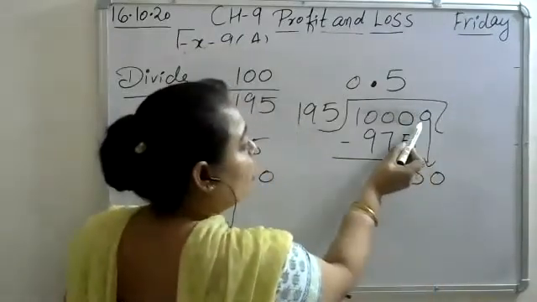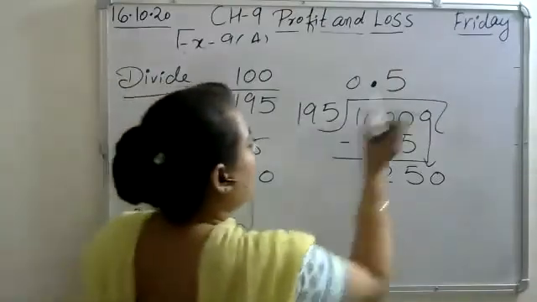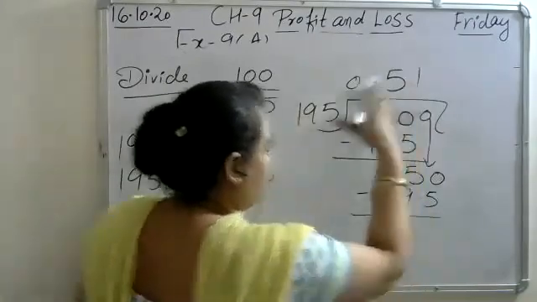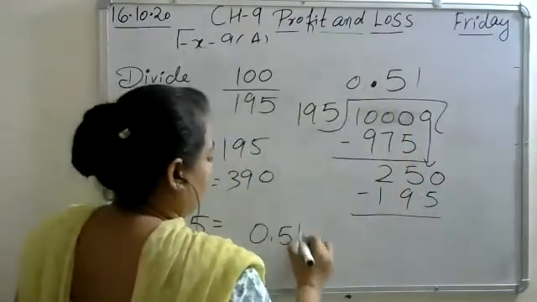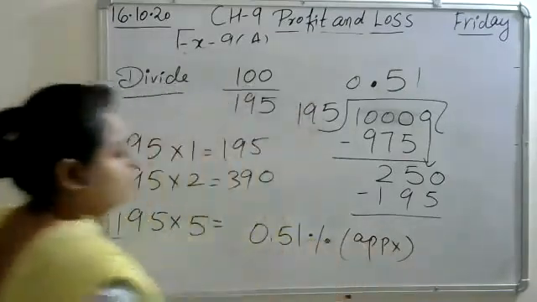Why this 0? Because after the decimal in each step we get 0. Again 1, 195. Now 0.51% approximate. Okay.